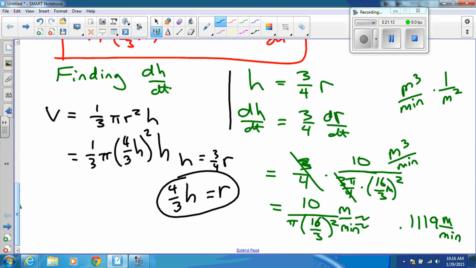Good. Okay. Does anything else need to happen before I'm ready for a derivative? What would be a really good idea to do at this point before the derivative? Let's simplify this. What do you get when you simplify it?